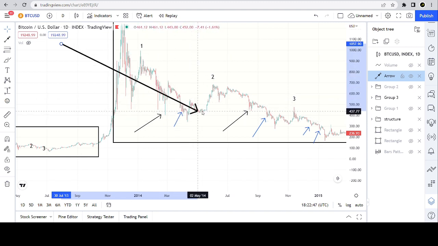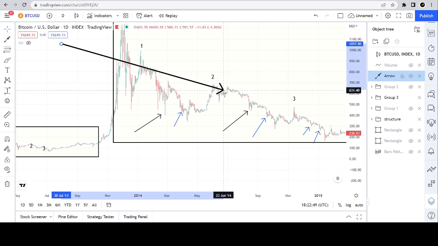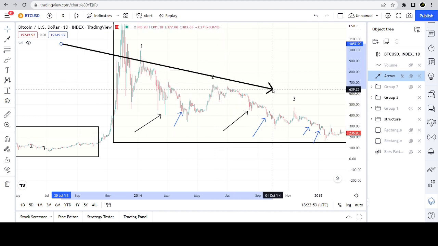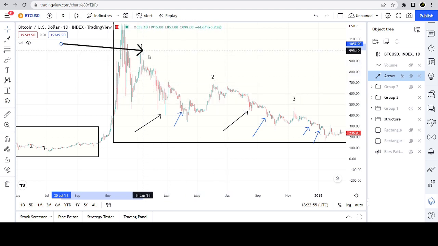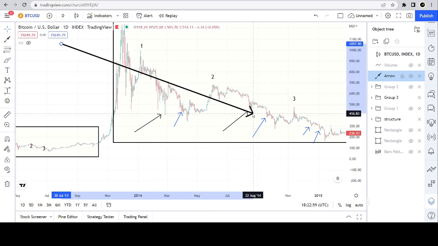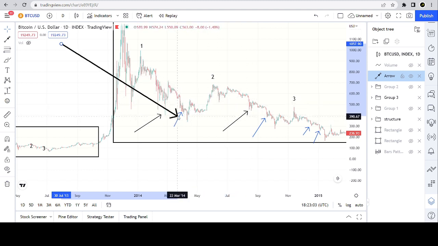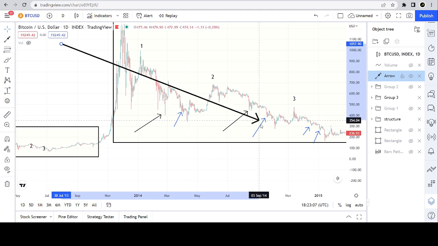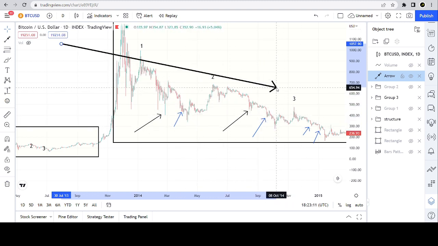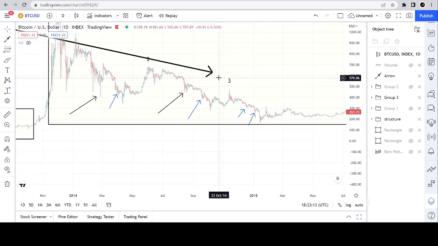Here we have that little push up right there, comes to a peak, and from there, this is the tallest peak, from there it declines to its low. So from here it declines to that intermediate low, from here it declines to that intermediate low. It also has, before the capitulation point at wave 1 and wave 2, this little pullback right here. So we're seeing a theme on this one too.